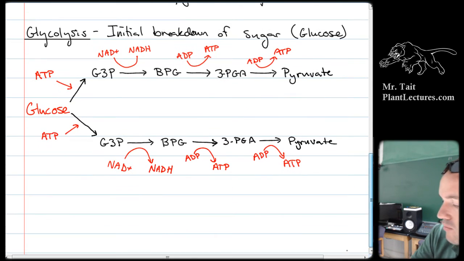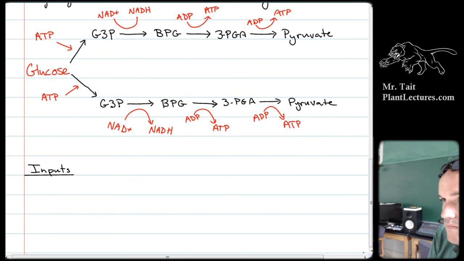Okay, so inputs here. Our inputs are glucose, 1 glucose, 2 ATP. Okay.